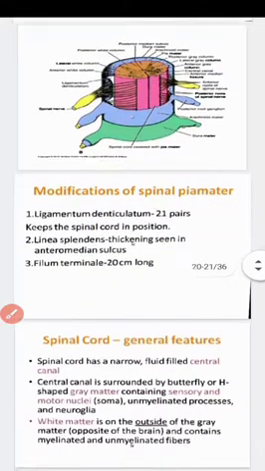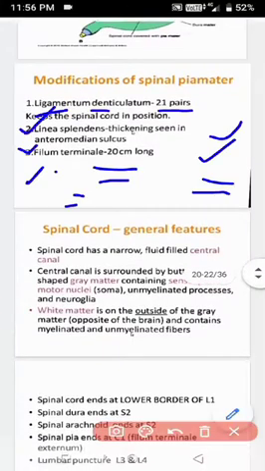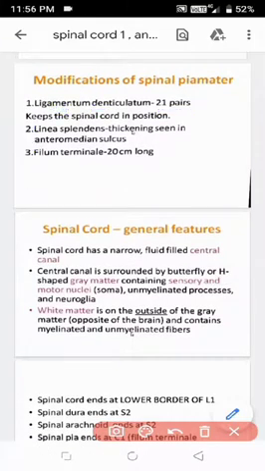And coming to the modification of the pia mater. Here, at the end of the spinal cord, the pia mater is modified. That's the ligamentum denticulatum, linea splendens, and filum terminale. The ligamentum denticulatum has 21 pairs.